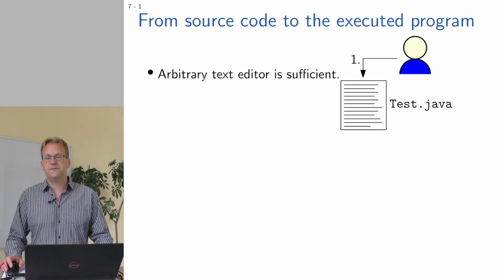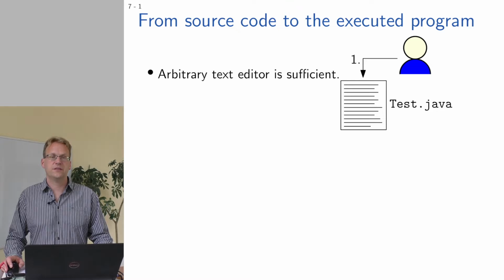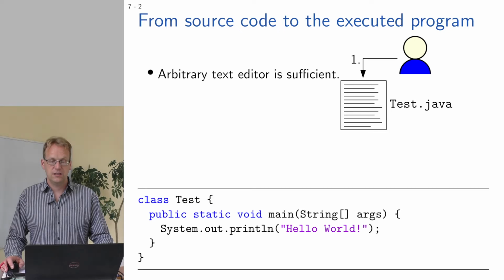Okay, for the first step, writing the source code, you could use any text editor actually. We are using Notepad++, as you will see soon. And this source code looks as follows in a very simple example.